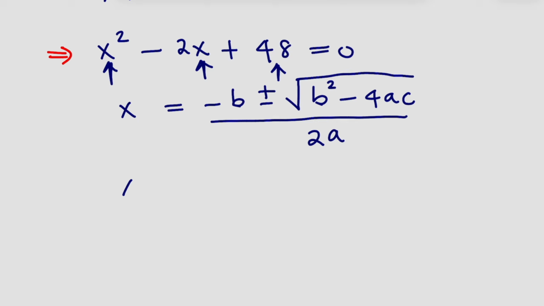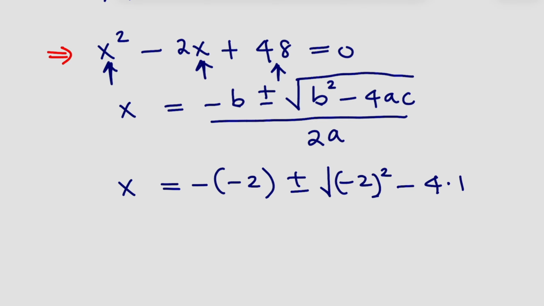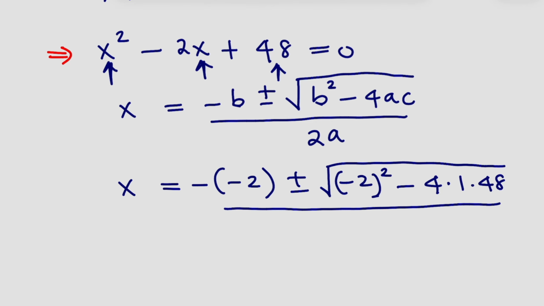Let us substitute these values into this formula. This will be minus negative 2 plus or minus the square root of b squared, which is negative 2 squared, minus 4. a is 1 and c is 48. The square root of that divided by 2 times a, which is 1.